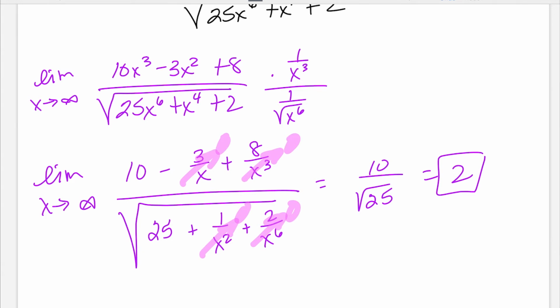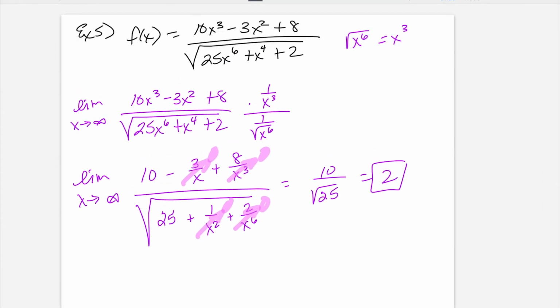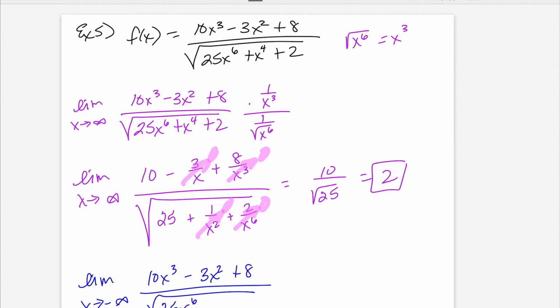All right. So if you have that algebraic, which is those radicals that you're looking at, then you can work with those. What if I'm going to negative infinity? So the limit as x approaches negative infinity of 10x cubed minus 3x squared plus 8 over the square root of 25x to the 6th plus x to the 4th plus 2.